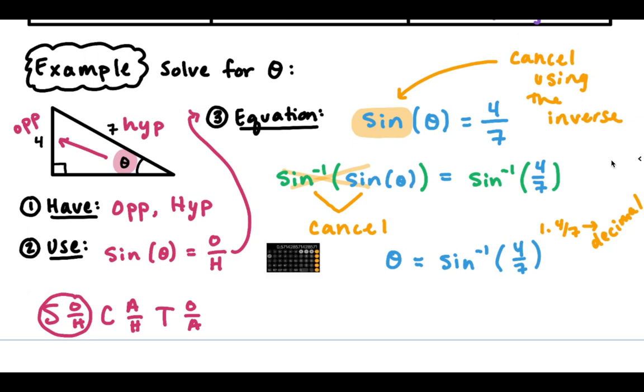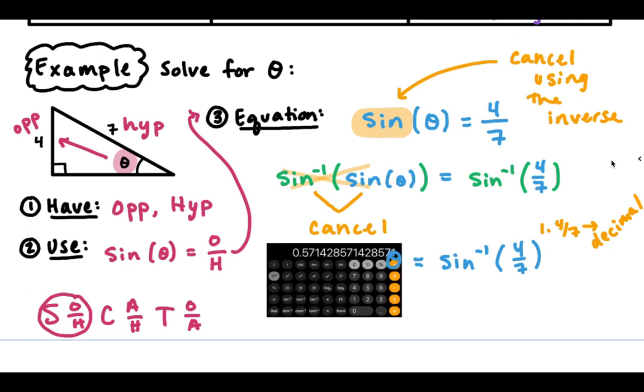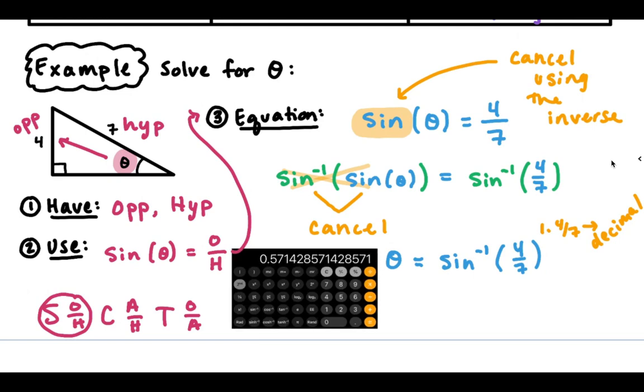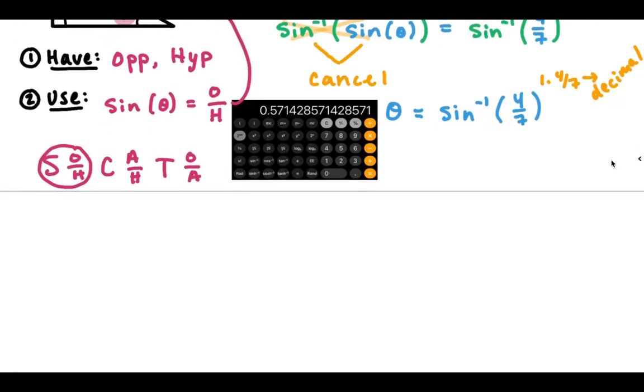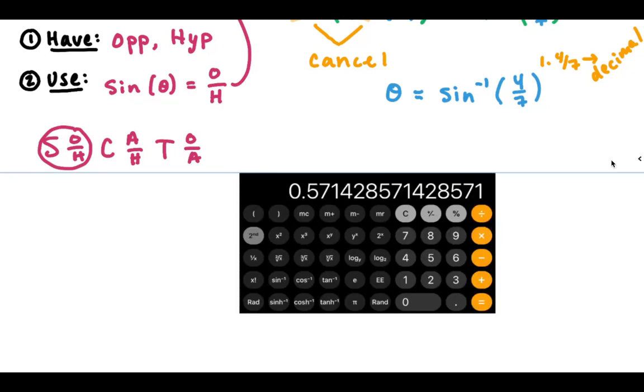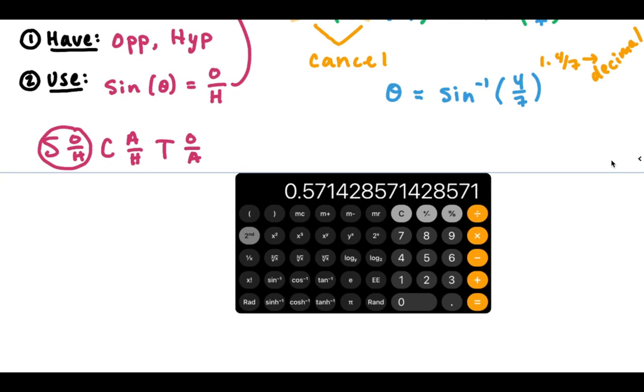I'm gonna blow up my calculator here a little bit. I've got my calculator preloaded with 4 over 7 as a decimal, so I punched in 4 divided by 7, I hit equals, and I got this decimal.